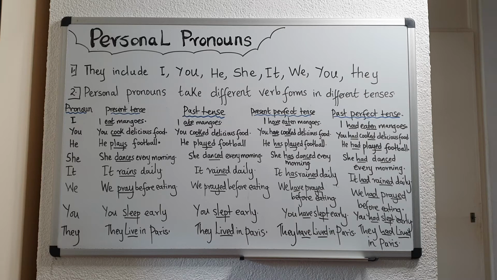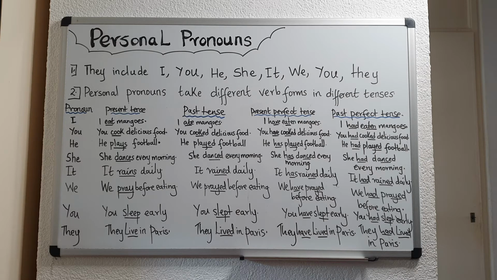I have. And that is always I have. You can never say I has. No. I in the present perfect tense, you always combine it with have. And then eaten, which is the third form of the verb.